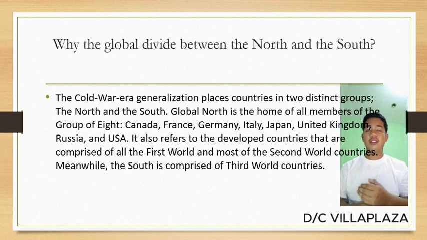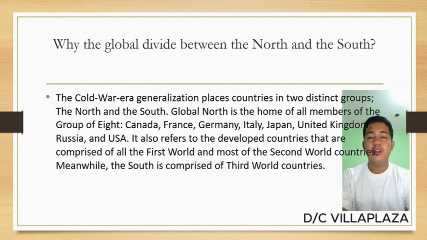The global North is the home of all members of the Group of 8: Canada, France, Germany, Italy, United Kingdom, Russia, and USA. It also refers to the developed countries that comprise all first world and most second world countries. Meanwhile, the South is comprised of the third world countries.